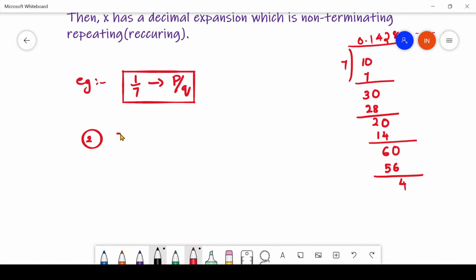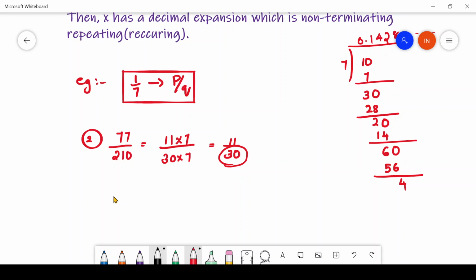I'm taking one number in p by q form, 77 by 210. We can split this as 11 into 7 by factorizing, and the denominator as 30 into 7. When you do the calculation, you will get 11 by 30. Now the q here is 30, right? So we should get q of the form 2 raised to m, 5 raised to n to say it is terminating. If it is not of that form, we can say that it is non-terminating repeating.